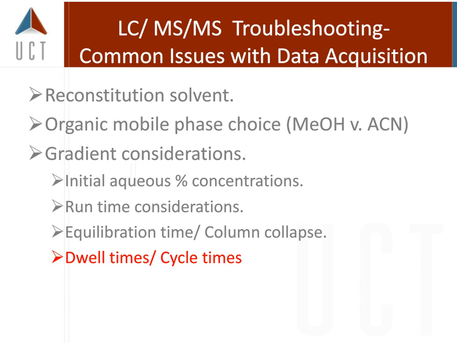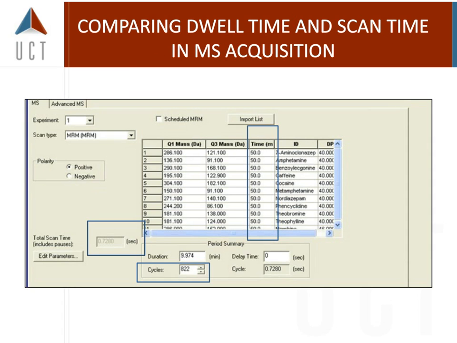So what I want to talk to you now briefly, very briefly, is your instrument, making sure you're optimizing your instrument. And below I have dwell times and cycle times. And this doesn't just apply to LCMS, this also applies to GCMS. Because when you're preparing these samples, you're making sure your instrument is optimized.